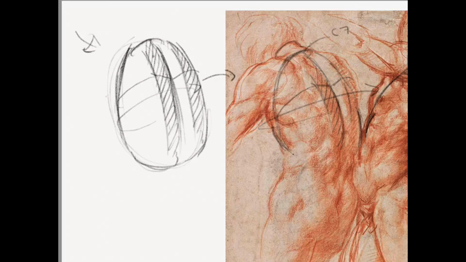We don't want to lose sight of the overall rhythm of the form. And one thing that's really striking about an artist like Pontormo is if you look at these contours, they are so animated, they have a kind of energy, you could almost put arrows on the end of them, and he draws like an animator. So I'm going to go down to the pelvic region and show you what I mean.